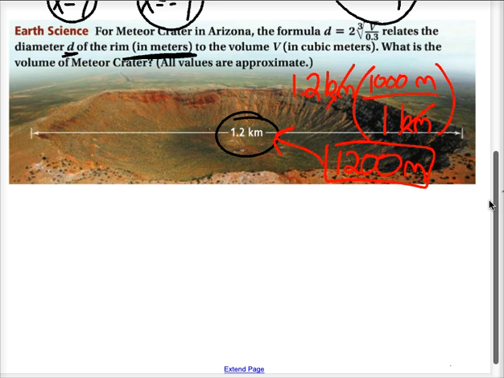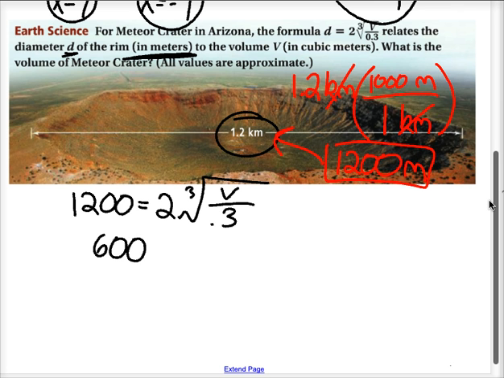So let's plug that in. So I have 1,200 meters. All right. So this is going back to our radical examples. So first we need to isolate that radical term. So I'm going to divide both sides by 2.